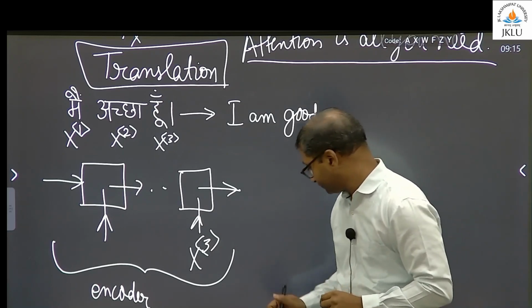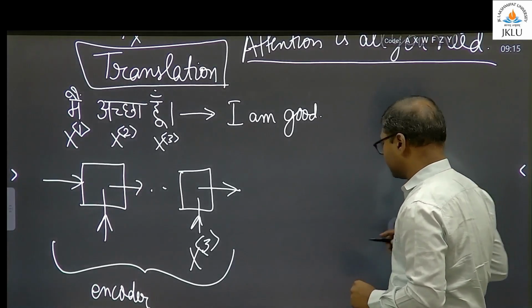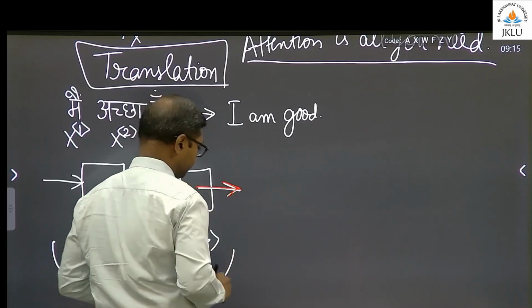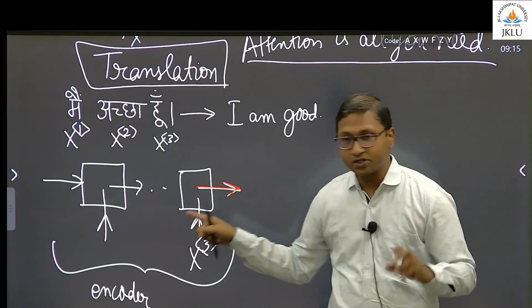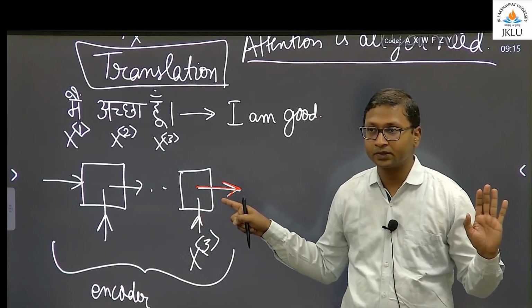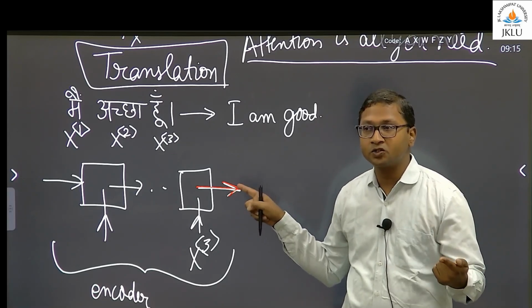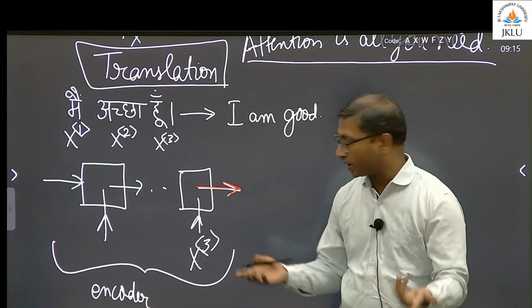Now what do I do? This is a very special vector. Why? My encoder is over here, right? So this is a very special vector. I don't have a choice, this is what I am supposed to do.